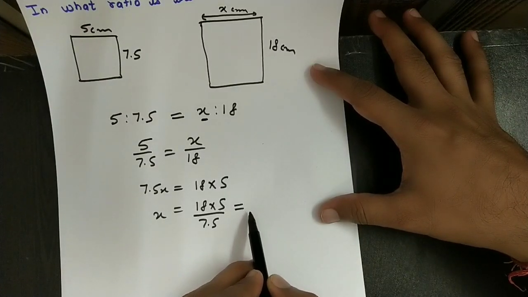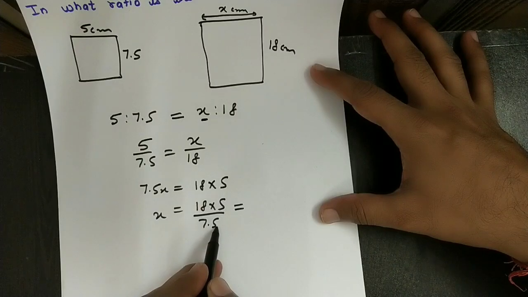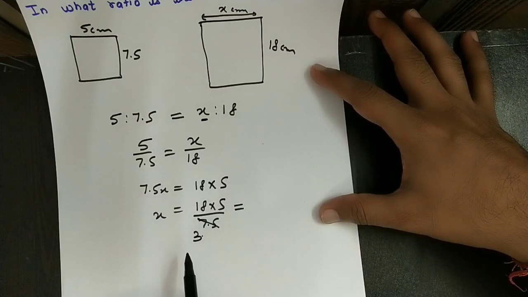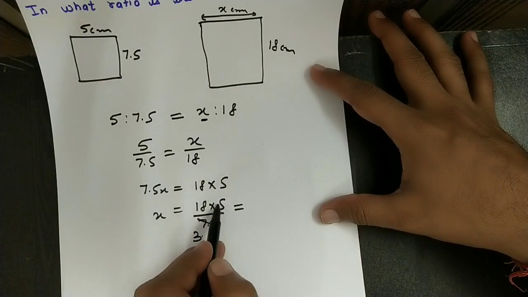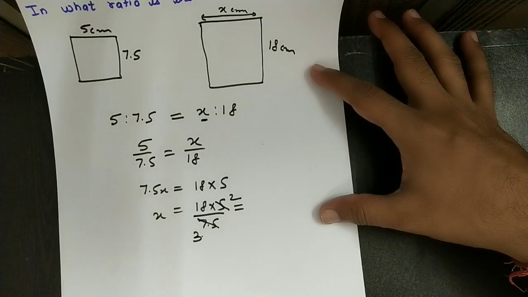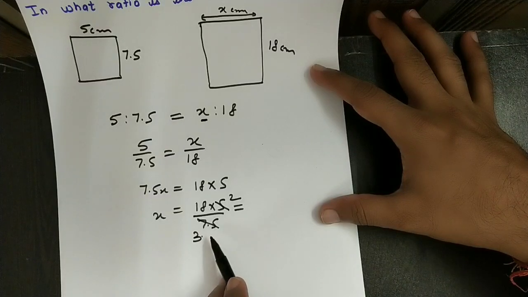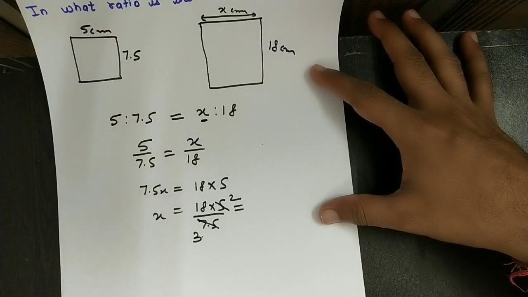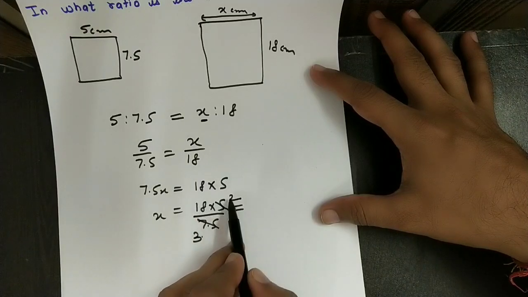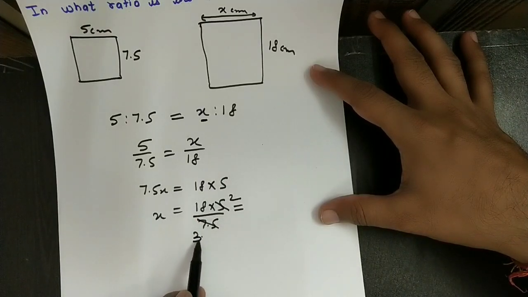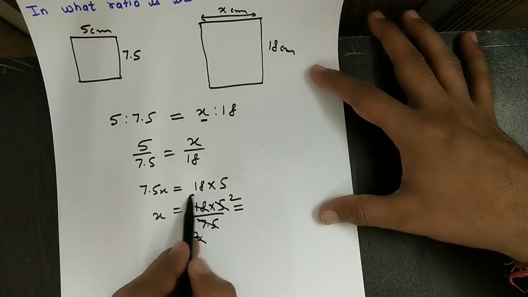How to solve this? Let's take this. It's 2.5 threes and it's 2.5 twos. 2.5 twos is 5, 2.5 threes is 7.5. So we can also divide 18 by 3.